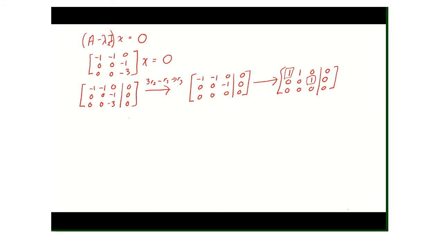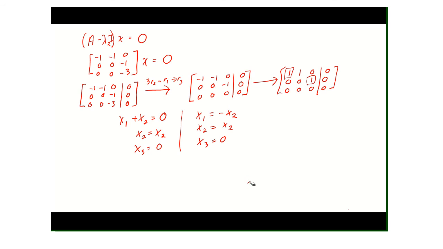So if we write these out, we get x1 plus x2 equals 0. x2 was my free variable, so I just write it like that. x3 equals 0. Rewrite these just a little bit. x1 equals negative x2, x2 equals x2, and x3 equals 0.